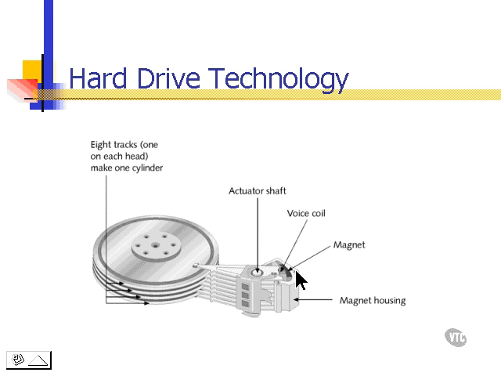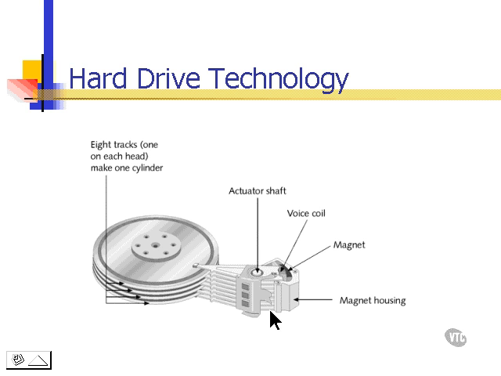There's a magnet in the actuator and a voice coil that is either attracted or repelled from the magnet. So we use magnetism in the computer to quickly pivot the heads around the actuator shaft, which causes the heads to go to different parts of the hard drive.